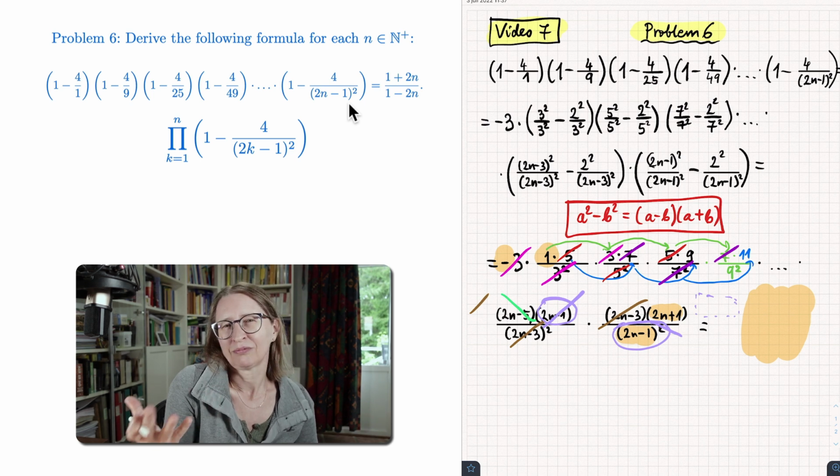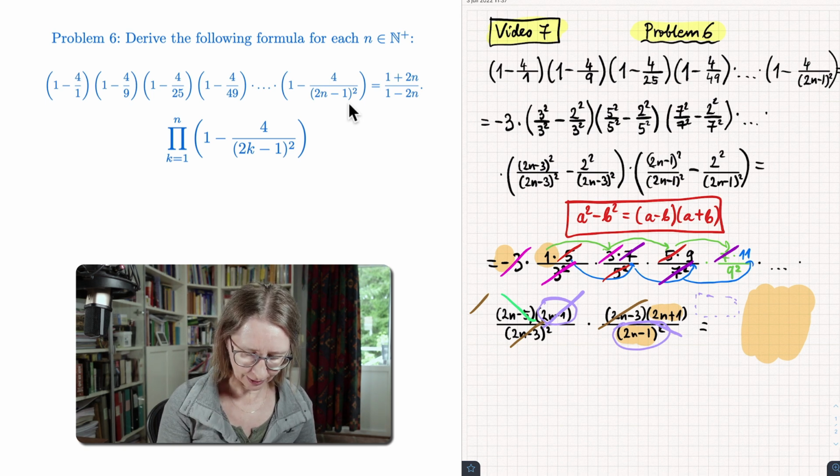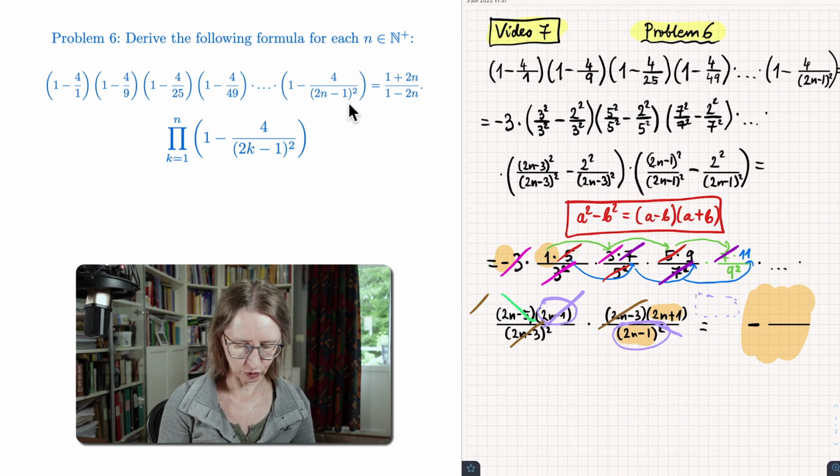Factor 1 doesn't change anything, so I don't have to write it down, but the minus sign is important. And here I will have in the numerator 2n plus 1, and in the denominator 2n minus 1.